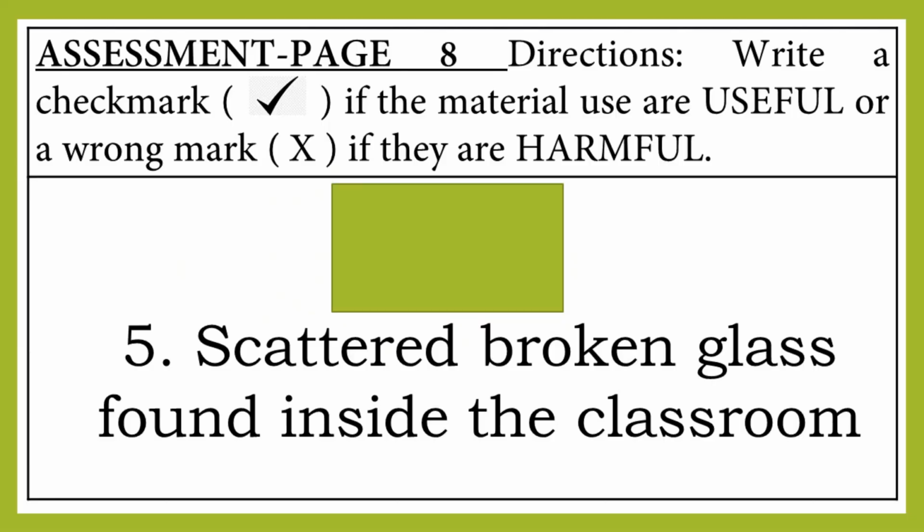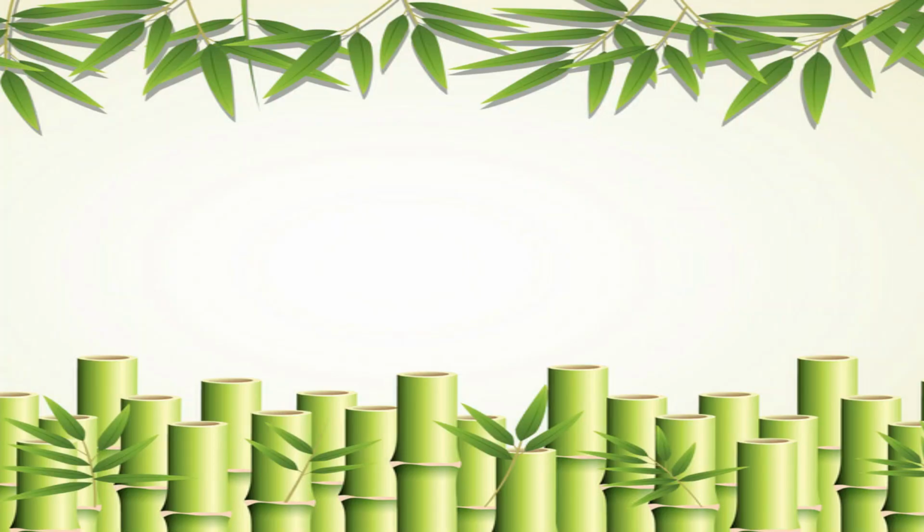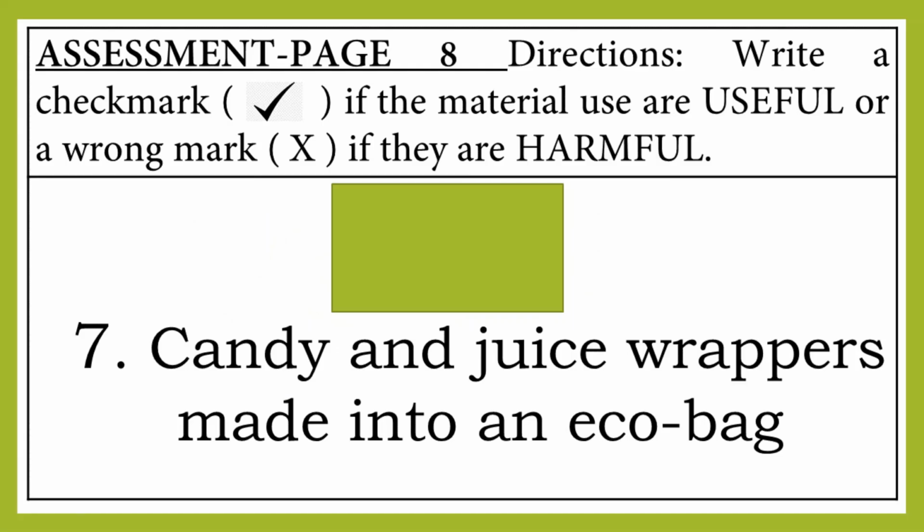Number 5. Scattered broken glass found inside the classroom. That is wrong. Number 6. Food boxes used as toy cabinets at home? That is check. Number 7, candy and juice wrappers made into an eco bag.